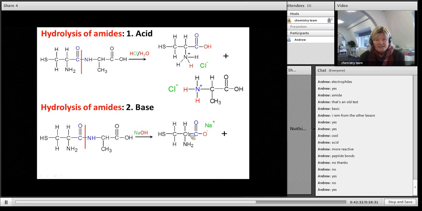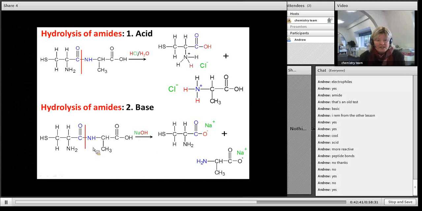So in each case, I'm getting salts being formed. And then for this one, can you see my amine stays an amine? I've just added a proton to it. But my carboxyl group, which was C double bond OOH, now has had that hydrogen removed because it's under basic conditions.